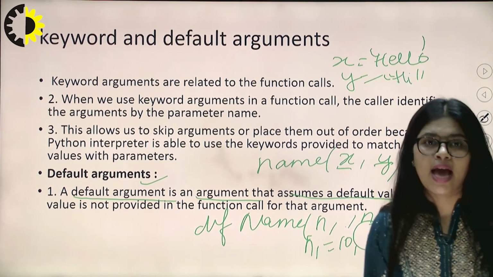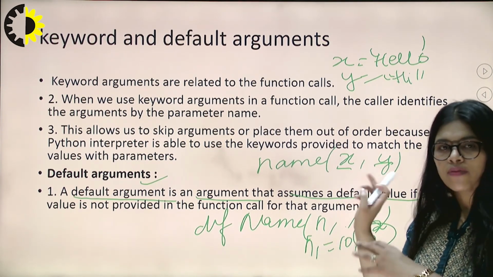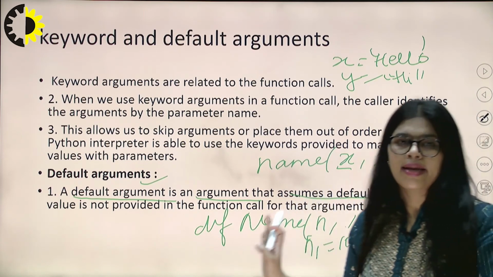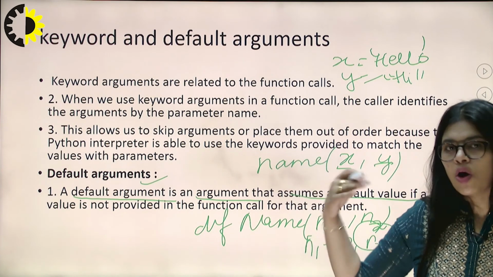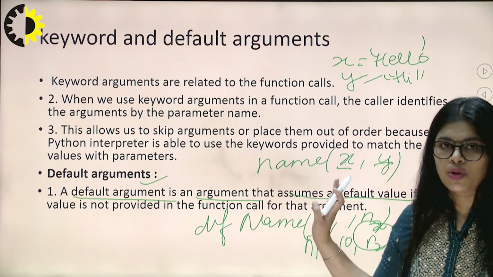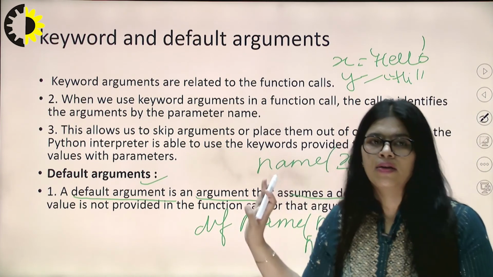So we define the names of these parameters in the next statement, and this is called keyword arguments.